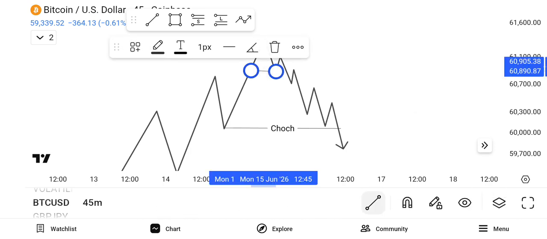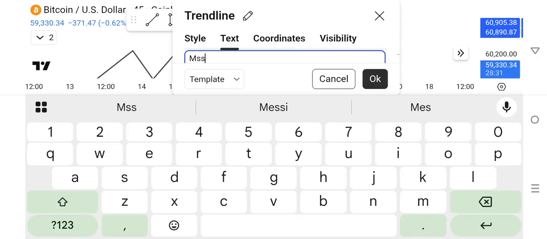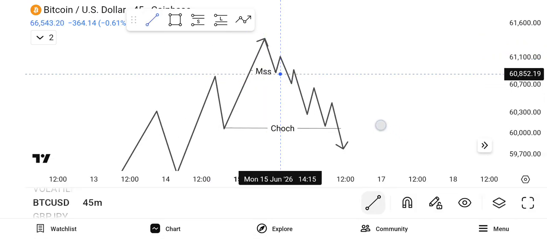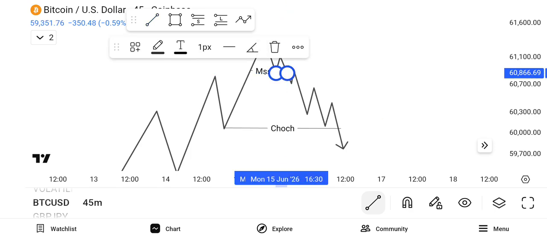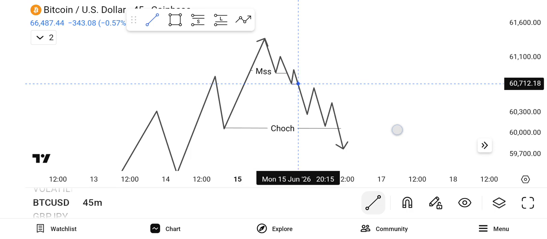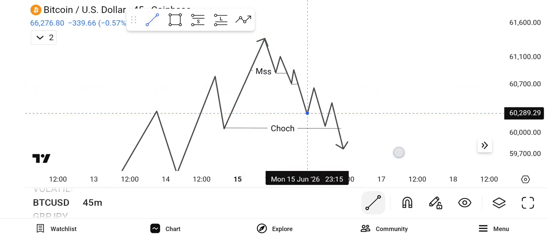This is an MSS. And then these are break of structures.